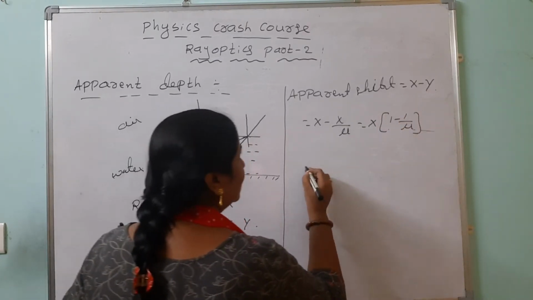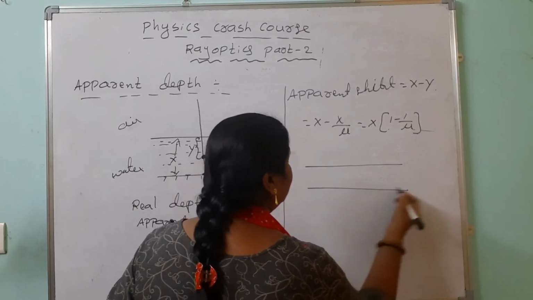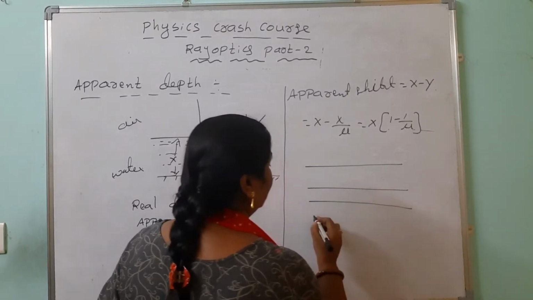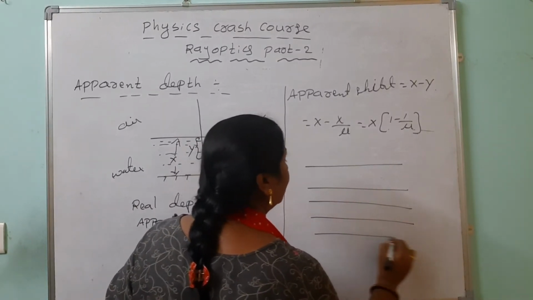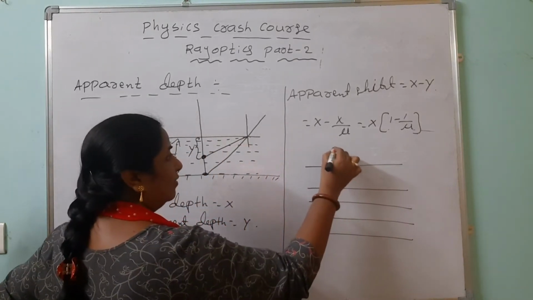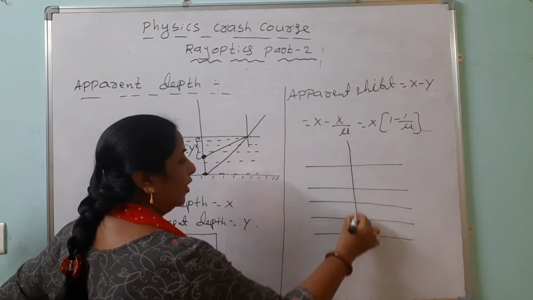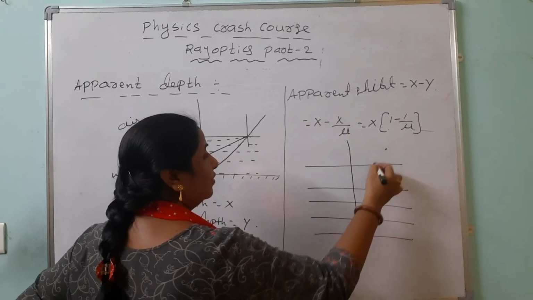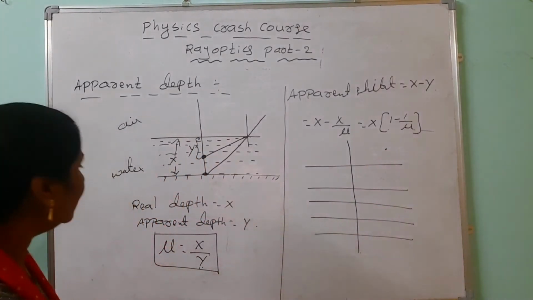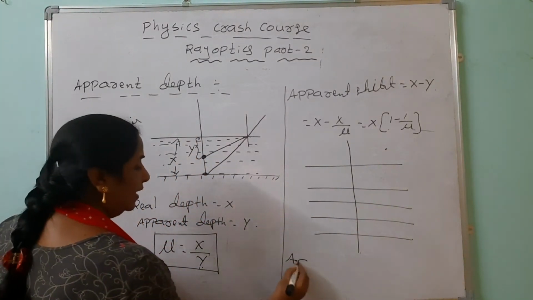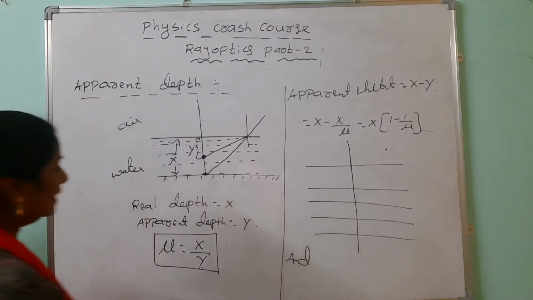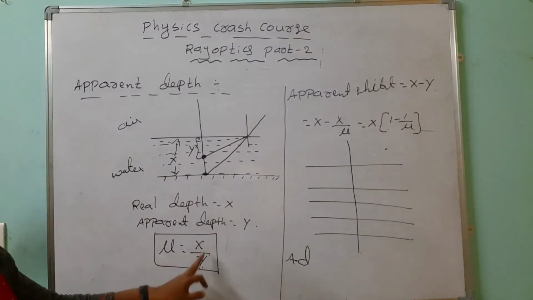One more example is that there are different mediums: one is water, another is oil, another is petrol. When light falls on this, like this is the normal, and you are looking through these different mediums, how do we find the apparent depth? Just now you know the formula is mu equals x by y, but the apparent depth is y.